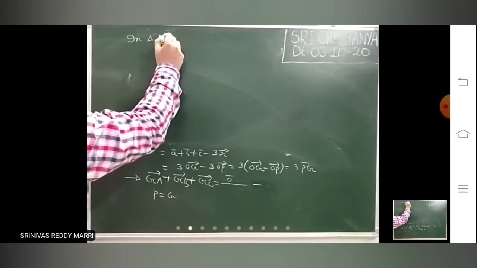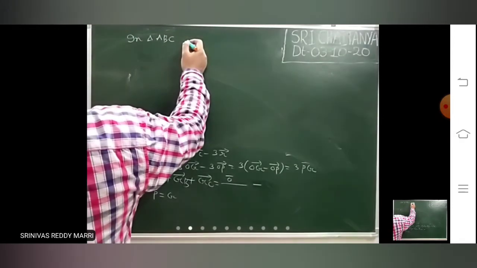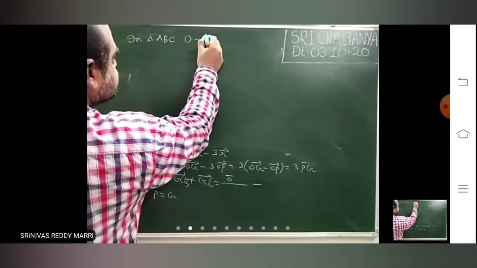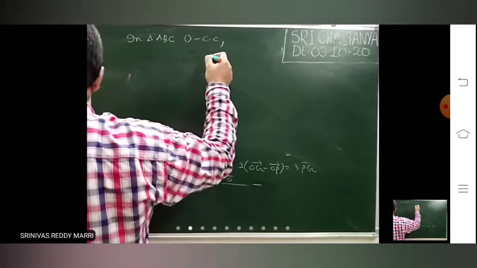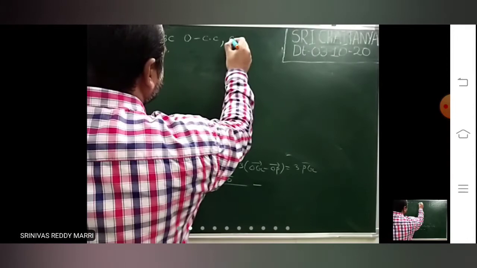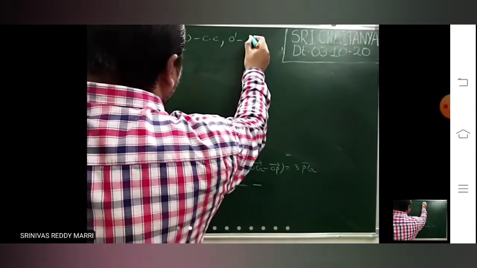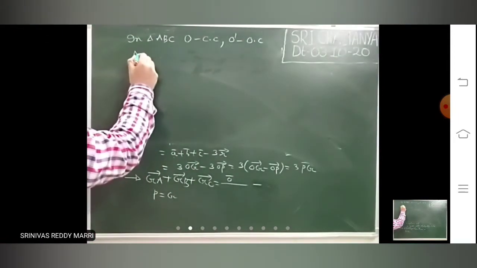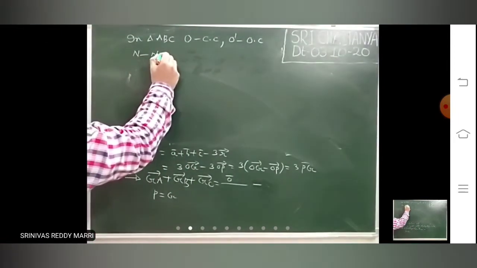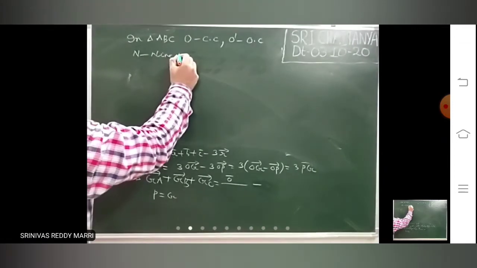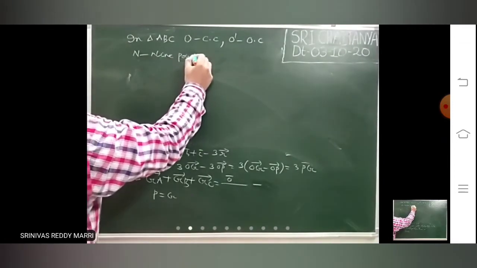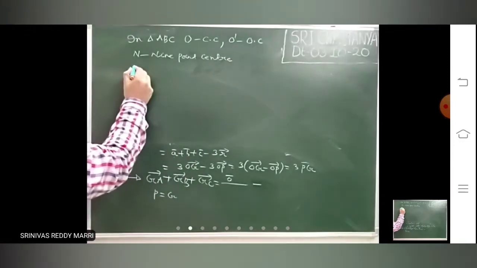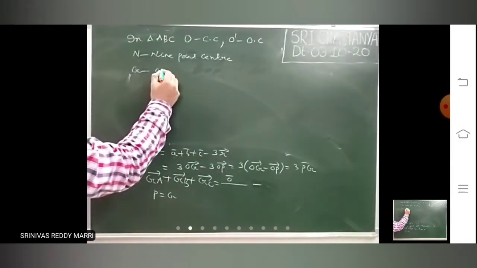In triangle ABC, O is the circumcenter, O dash is the orthocenter, and N means the nine-point center.